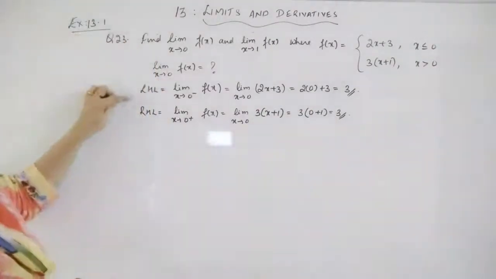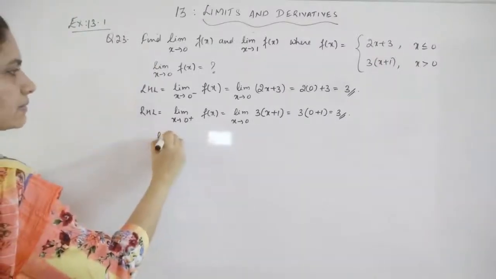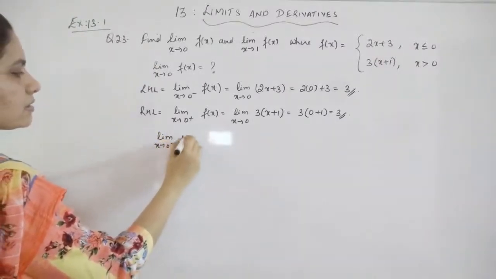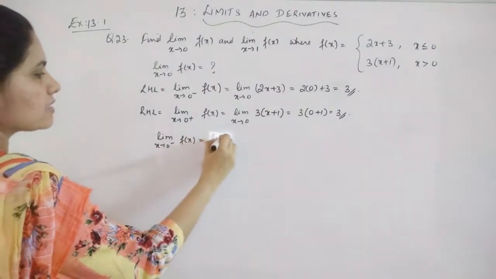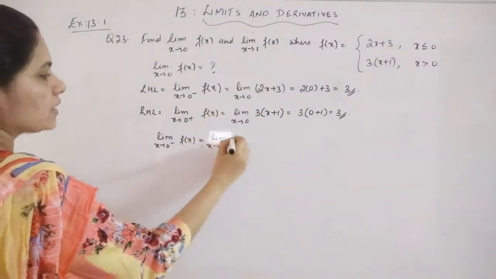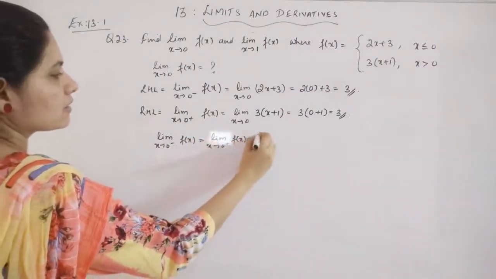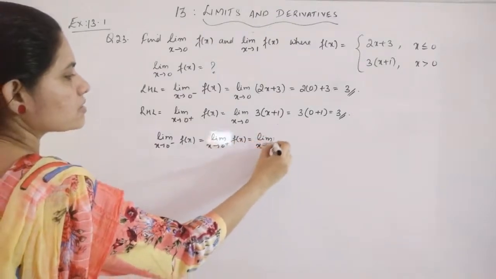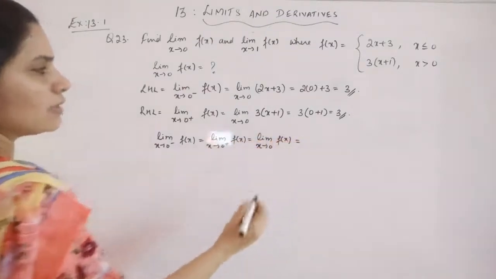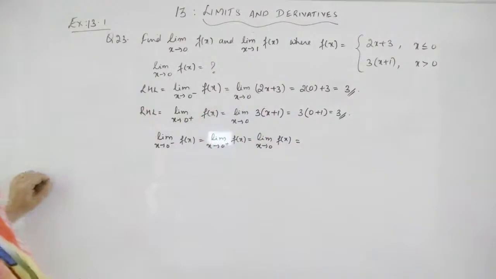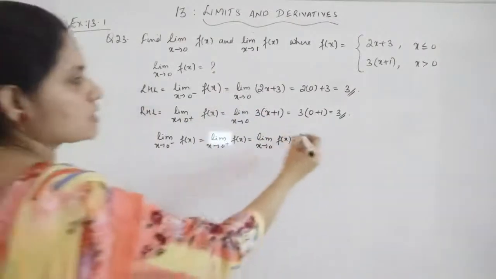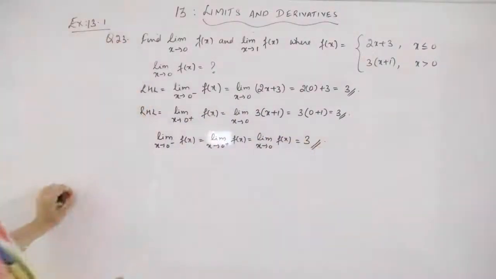So you can see that the left hand limit as well as the right hand limit are equal. Therefore we say that the limit exists and it will be equal to the value you got for both the left and right hand limits, which is 3.